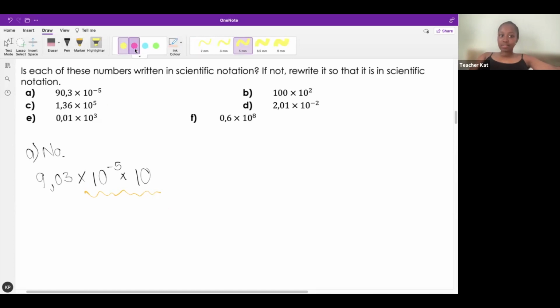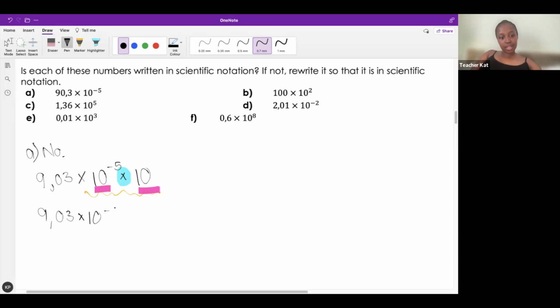I have a base of 10. What am I allowed to do with my exponents, seeing that I am multiplying? We're adding exponents. So I'm going to say 9,03 times 10 to the power of -5 plus what?